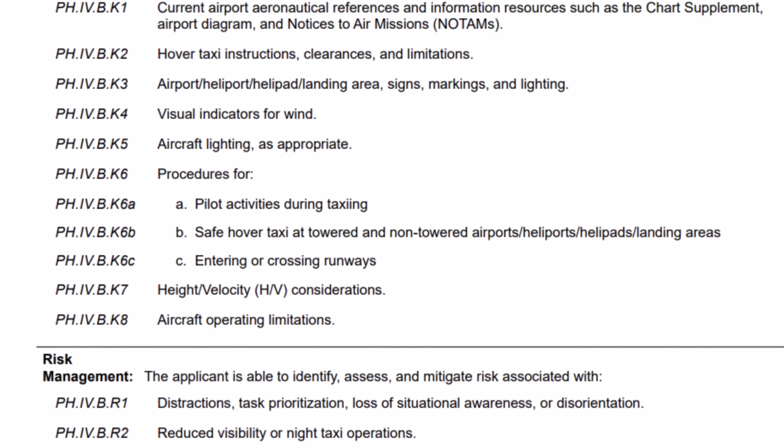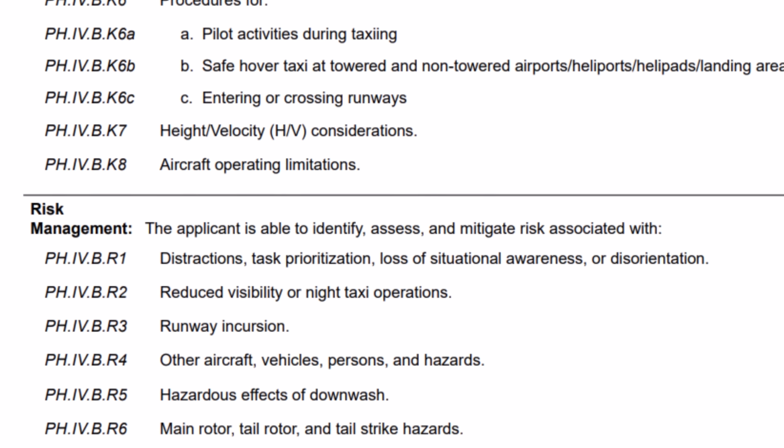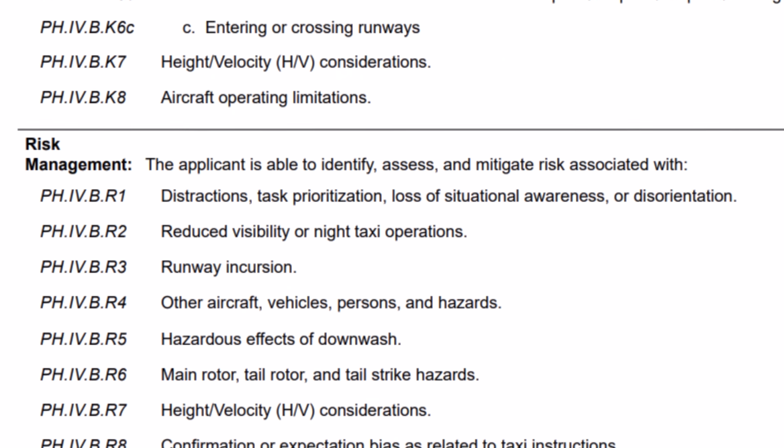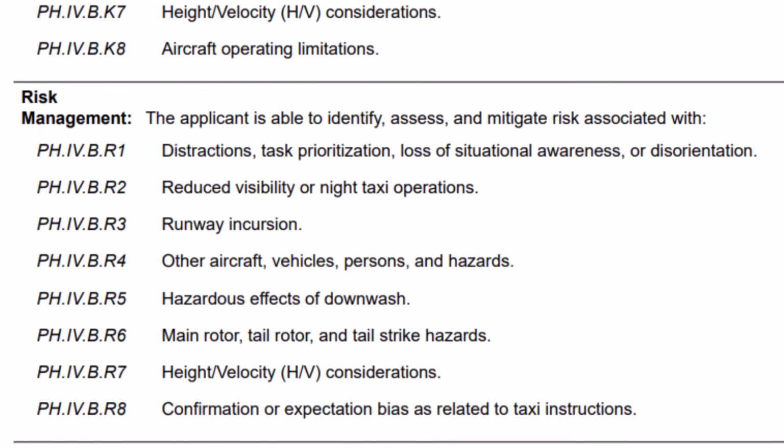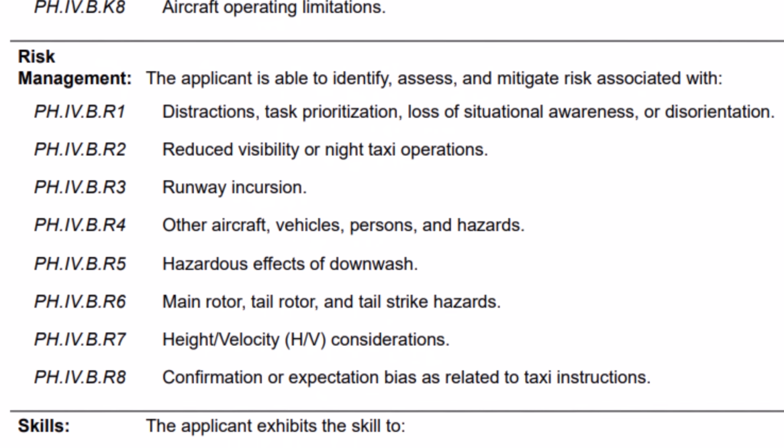But it's worth noting that while hovering, you still have to be mindful of those risk management items like distractions and loss of situation awareness, like where's the other aircraft or vehicles or persons, and the hazardous effects of your downwash, as well as main rotor and tail rotor clearance and tail strike hazards.